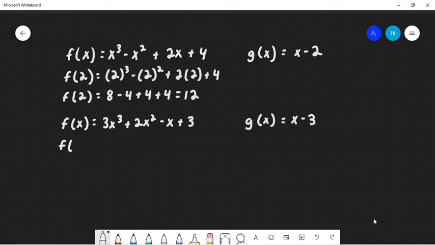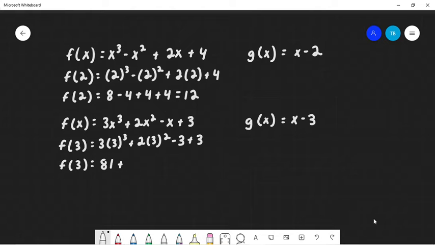So we'll do f of 3 equals 3 times 3 cubed plus 2 times 3 squared minus 3, and then plus the constant 3. We'll evaluate that. F of 3 equals 3 cubed would be 27 times another 3 would be 81 plus 3 squared would be 9 times 2 would be 18, and then minus 3 plus 3.